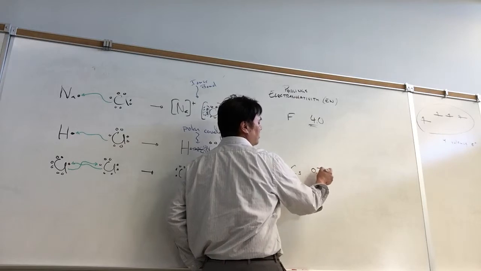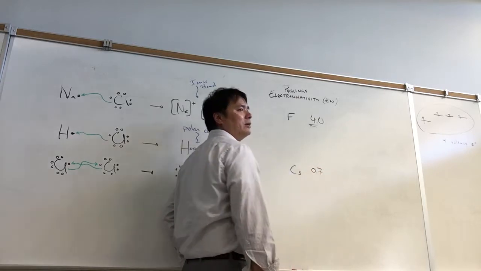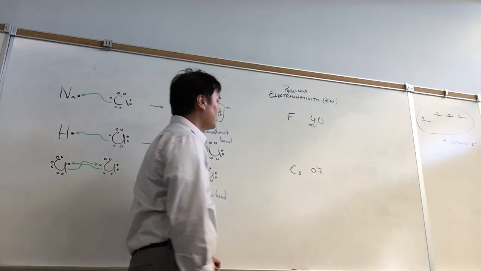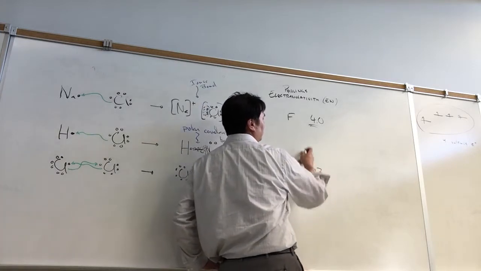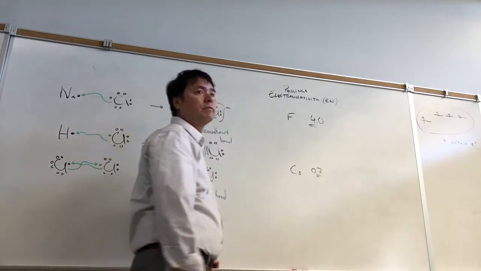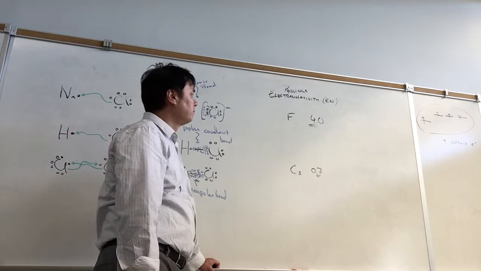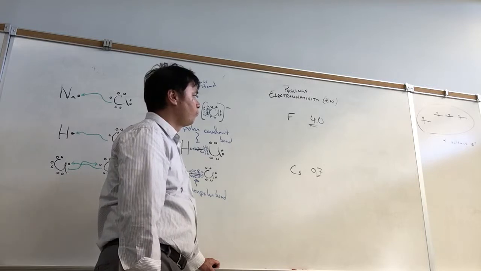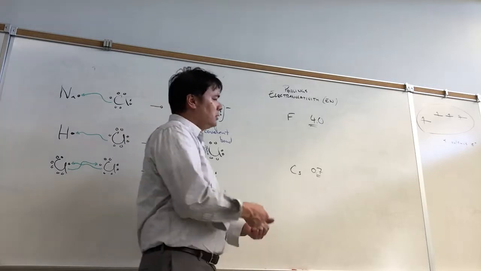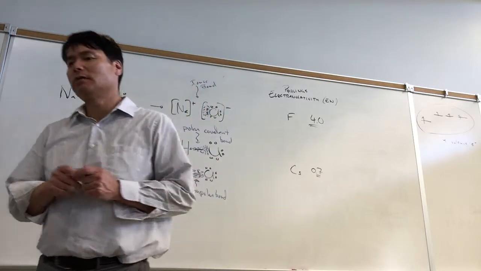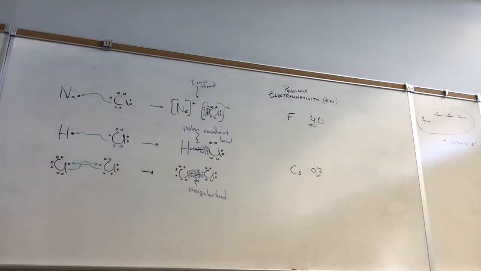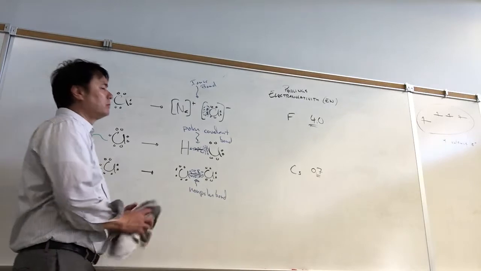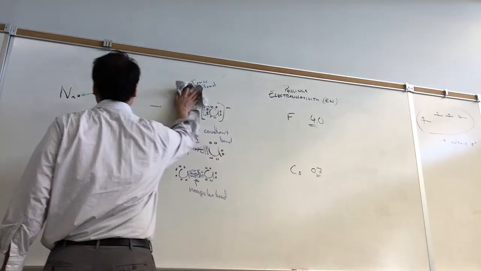So cesium electronegativity is like 0.7, 0.8, something like that. And so the electronegativities range from about 0.7 to 4. And so this is talking about the pull on an electron. What about hydrogen? Where do you think hydrogen lies?